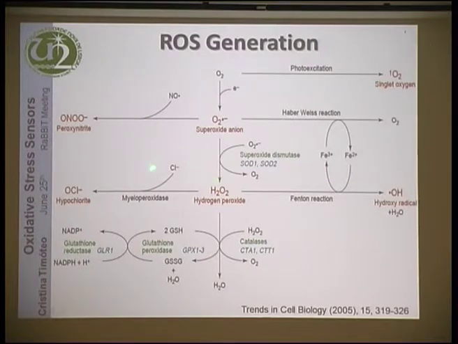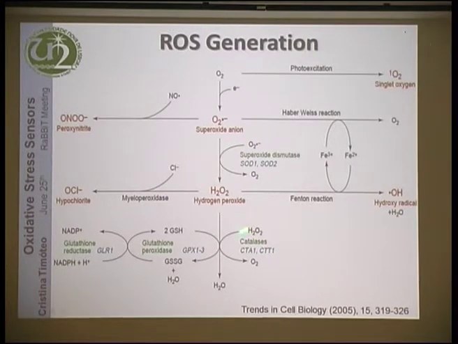But also, the existence of hydrogen peroxide may lead to the production of other reactive oxygen species in the organism. Like if you have chlorine and hydrogen peroxide, we can produce hypochlorite. If you have superoxide and NO, you will produce peroxynitrite, and this is very reactive also.